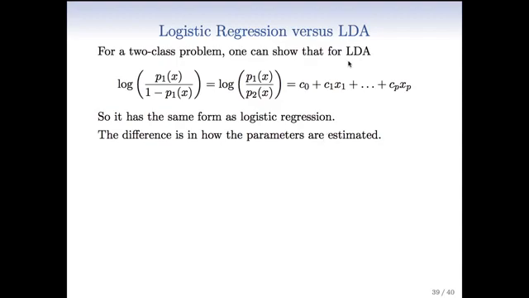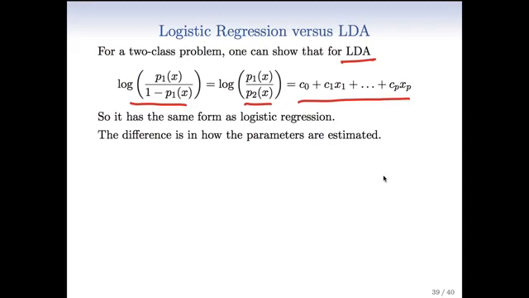It turns out you can show for linear discriminant analysis that, if you take the expression for the probabilities for each of the classes with two classes, and take the log odds, just like we did in logistic regression, which is the log of the probability for class 1 versus the probability for class 2, it's a linear function of x for two classes. So it's got exactly the same form as logistic regression. They both give you linear logistic models.